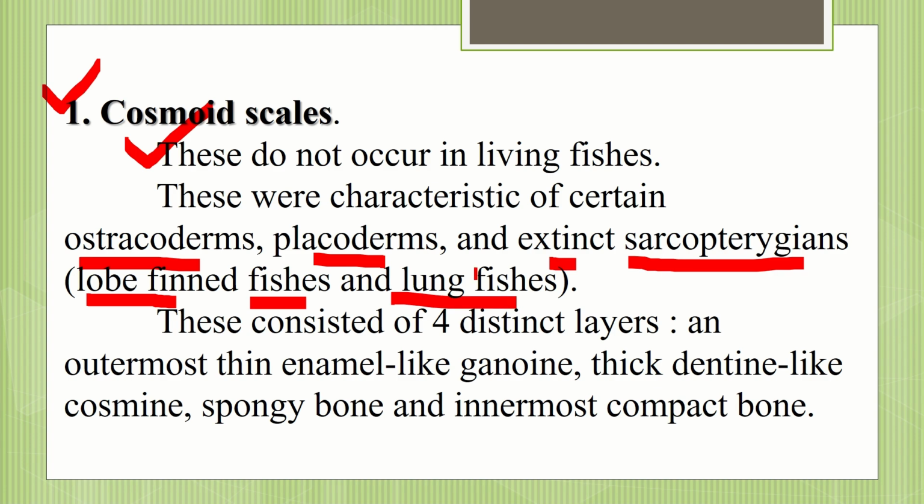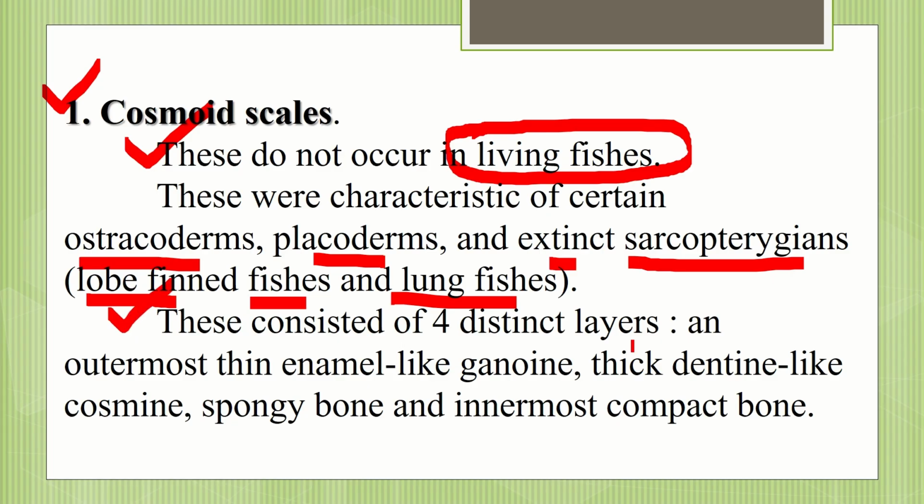These consist of 4 distinct layers: an outermost thin enamel-like guanine, thick dentine-like cosmine, spongy bone, and innermost compact bone. These are the different layers found in cosmoid scales.